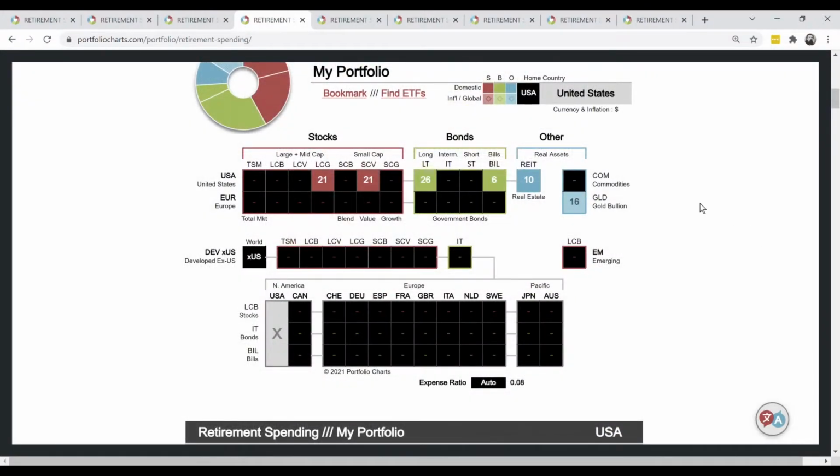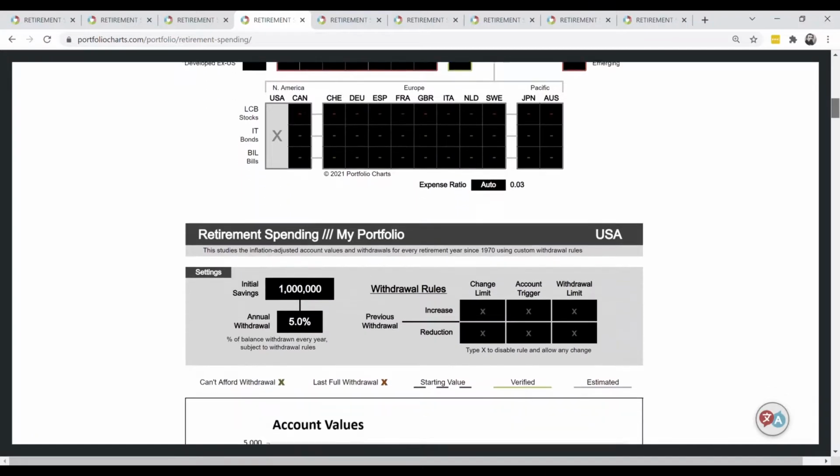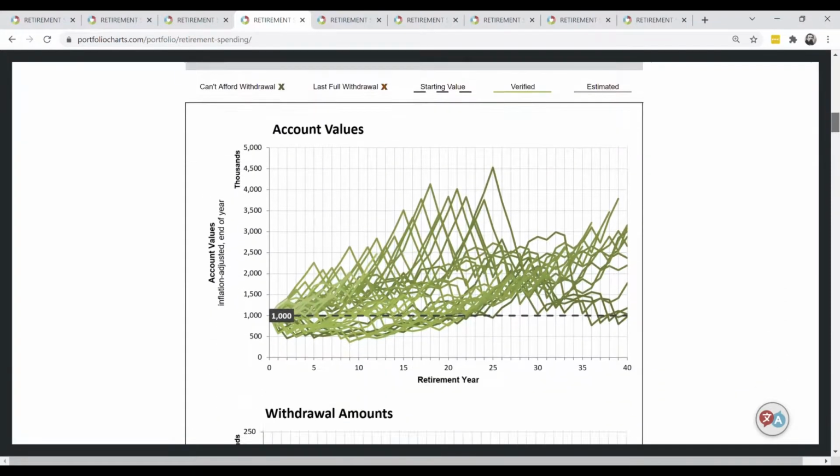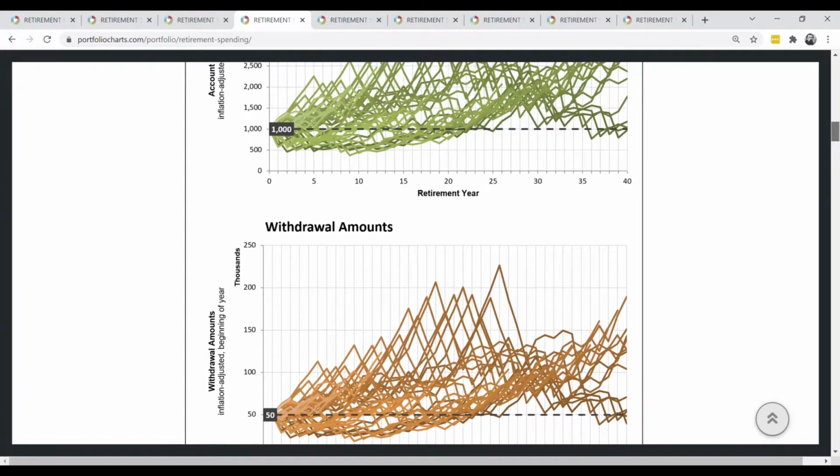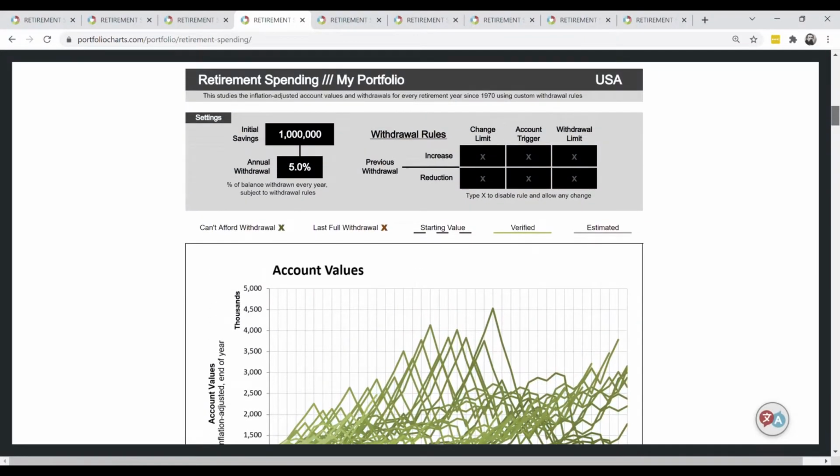Now, it is interesting to look at something like, well, what if you just kept all your money in stocks? And we can do that. Go to 100% stocks, and you can see how variable your withdrawals might be. If you were just doing 5% every year, mathematically you're never going to run out of money that way.